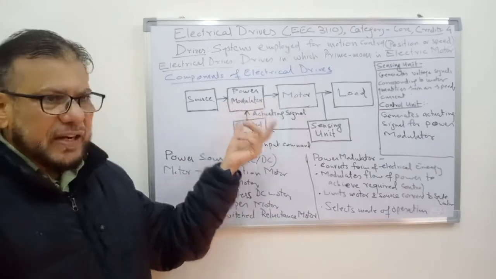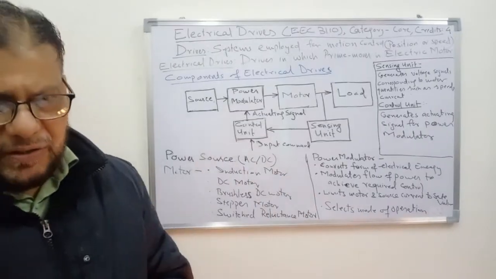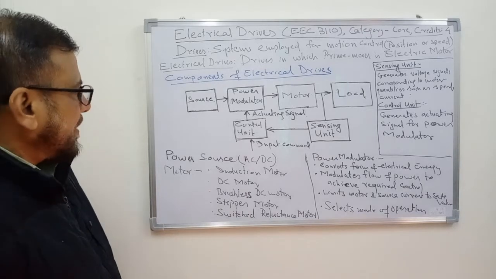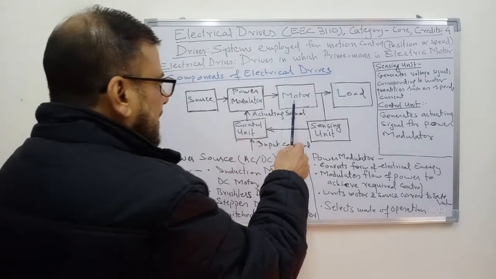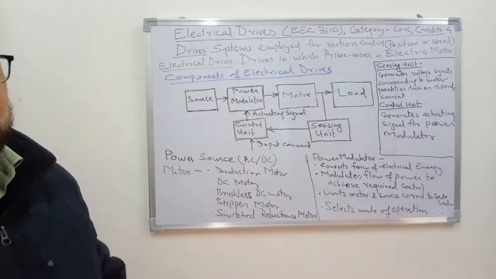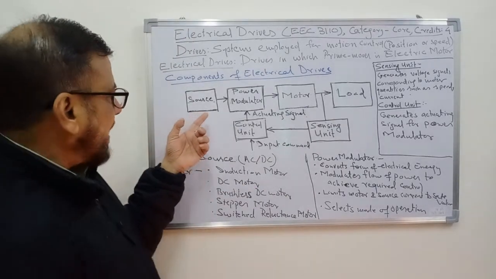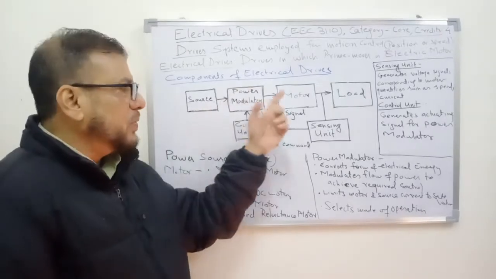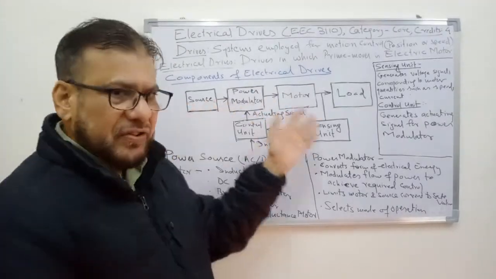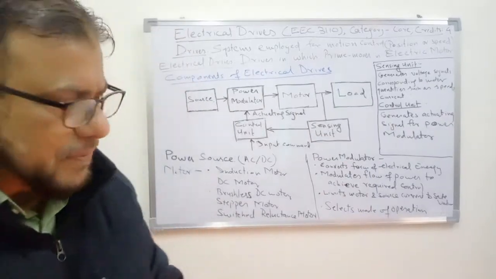So basically it will have some AC to DC converter or controlled rectifier. On the other hand, if the motor is AC and the source is DC, then it will have to convert the DC power to AC power. So it will use some DC to AC converter, that is, an inverter.